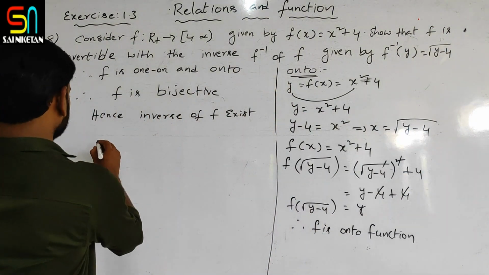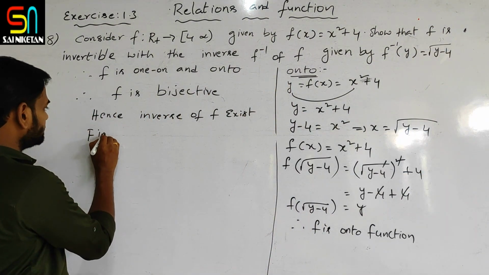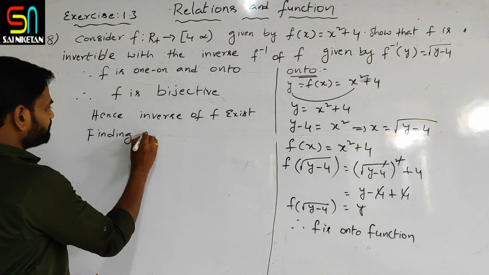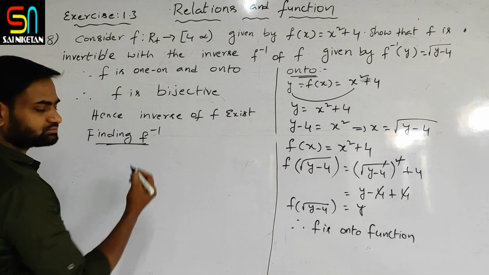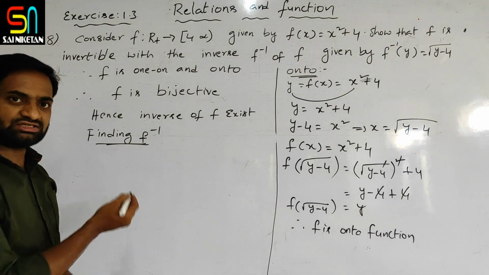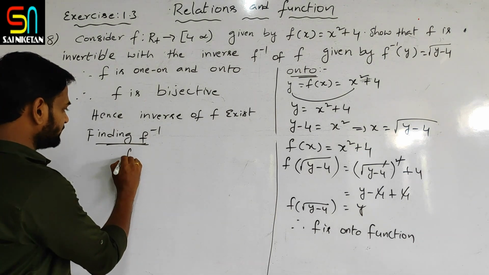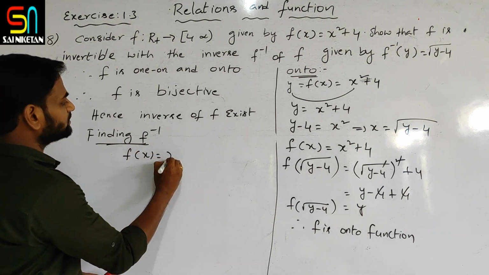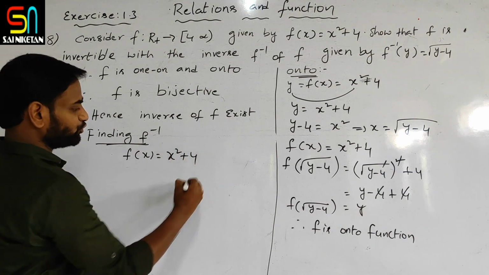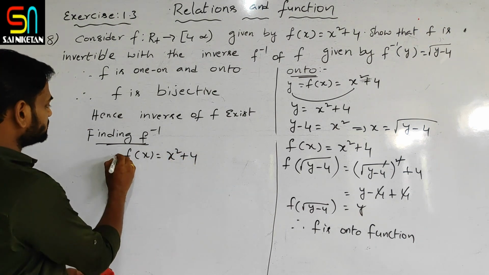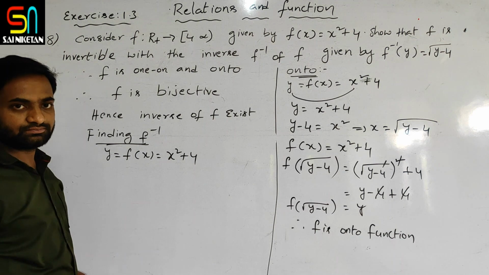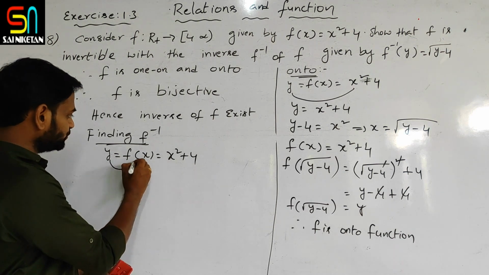So how to find the inverse? Finding f inverse, same as previous. Take the function. What is the function here? x square plus 4. That function, take it as y. Now equate these two.